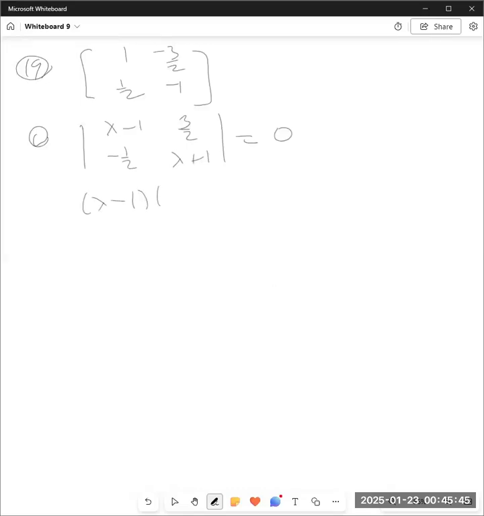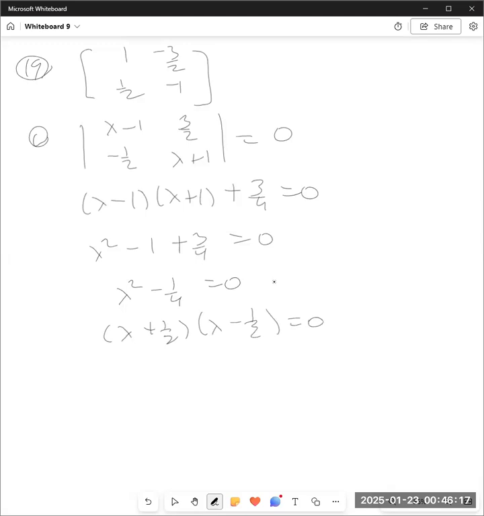Lambda minus 1 times lambda plus 1 minus 3/4 equals 0. Lambda squared minus 1 minus, this is minus a negative, so that's plus 3/4 equals 0. Lambda squared minus 1/4 equals 0, lambda plus a half, lambda minus a half equals 0. Lambda 1 equals negative a half, lambda 2 equals positive a half.